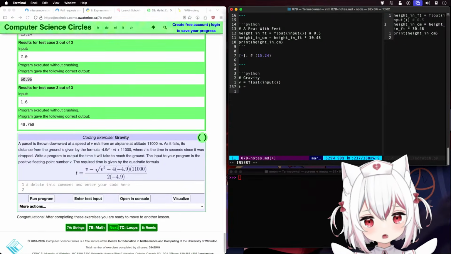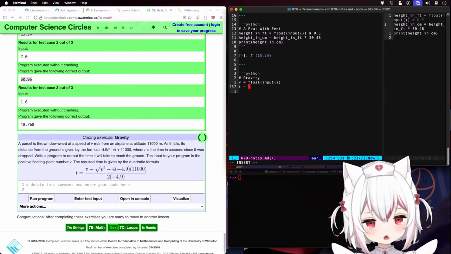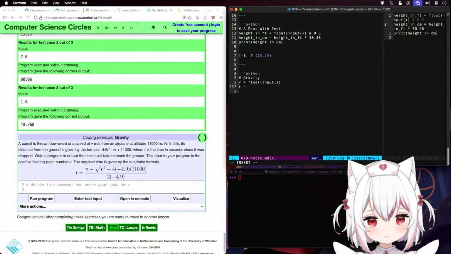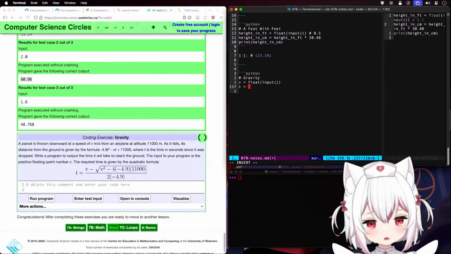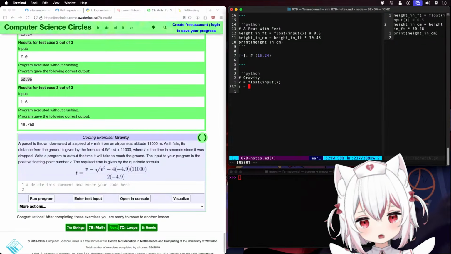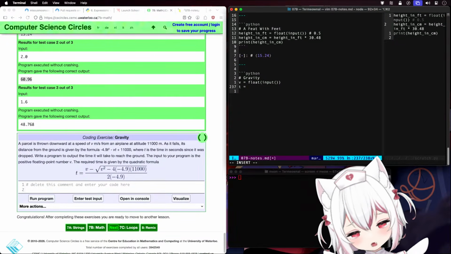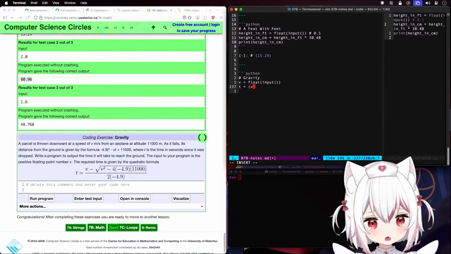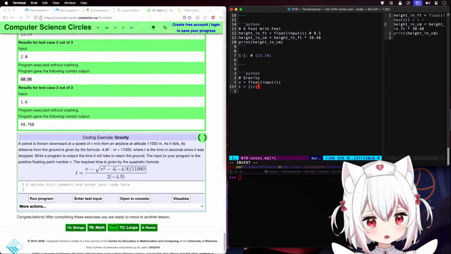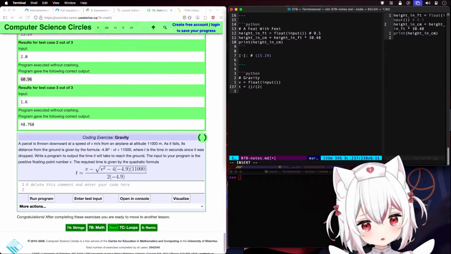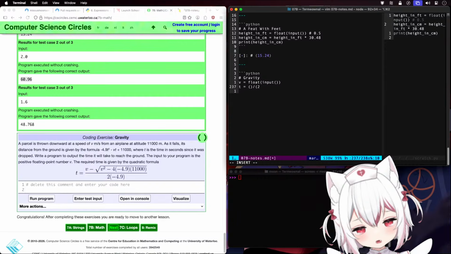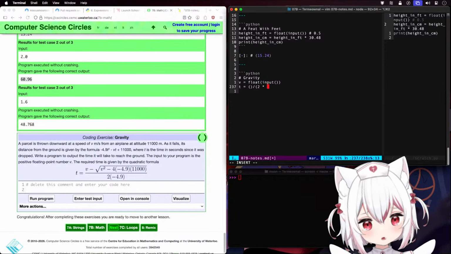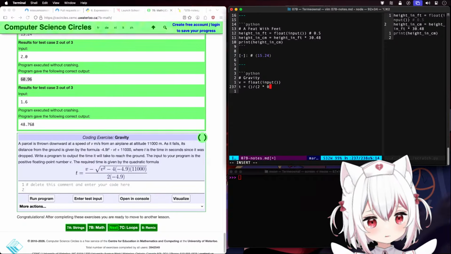Oh yeah, someone really crashed out on me for this one. We're gonna break this up into parts, probably. Actually, I'm gonna be a rebel. I'm gonna do the whole thing in one line, but then I'm gonna break it up after. So we're gonna have the whole thing on the top over 2 times negative 4.9.